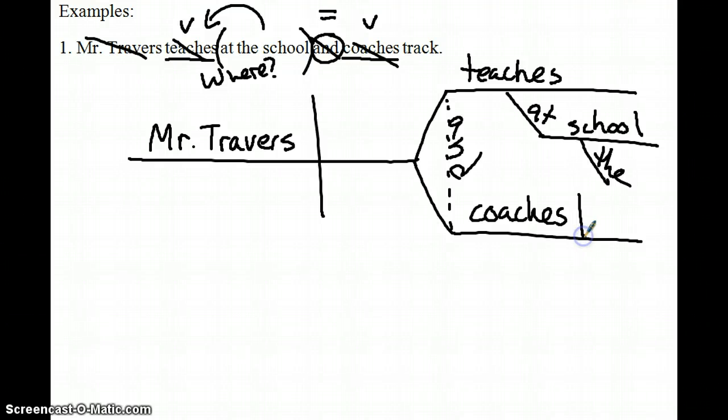So that's a direct object, right? That goes under, or next to rather, coaches. So this is a compound predicate because it has two verbs. Let's move to the second example.